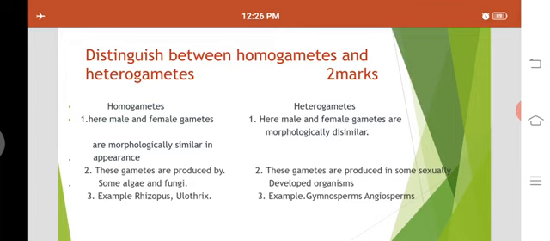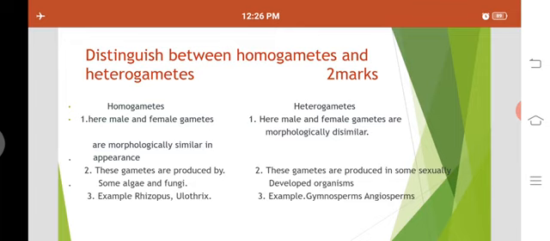They are capable of producing the gametes. And we know that gametes are haploid in nature. A single set of chromosomes is present here. How are they produced as haploid?